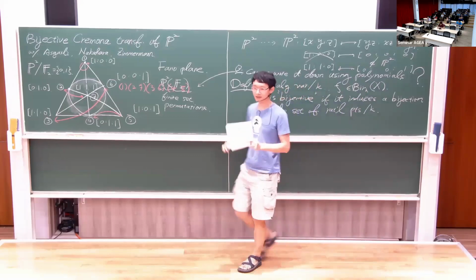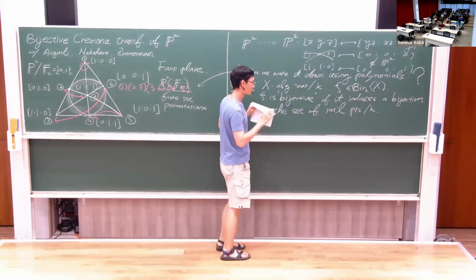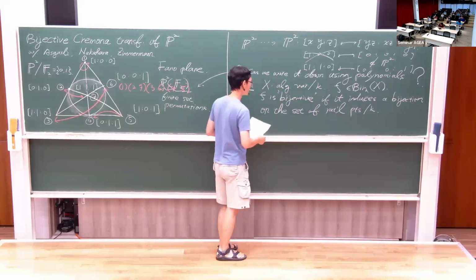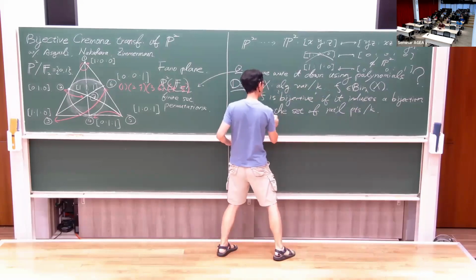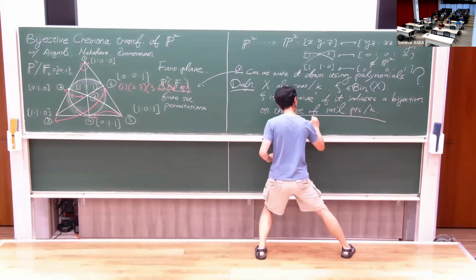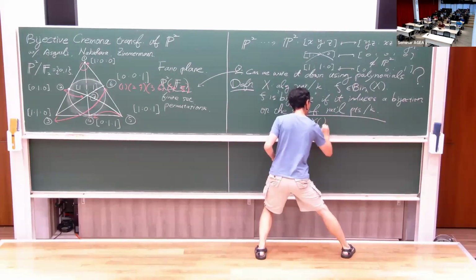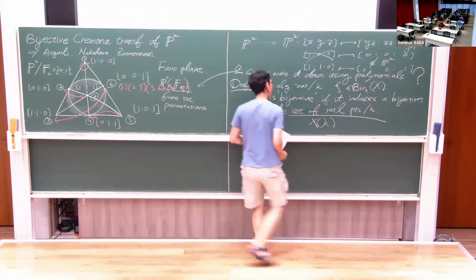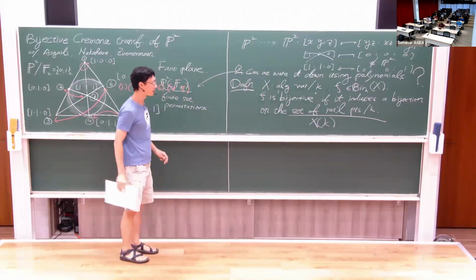You can talk about it quite generally. So on the set of K rational points, and usually this set is abbreviated as X(K). Okay, so this is my definition.